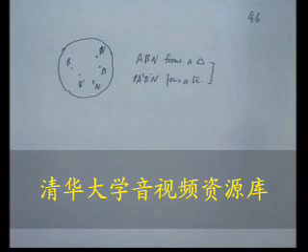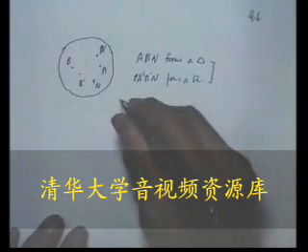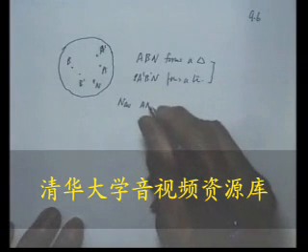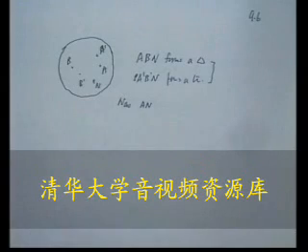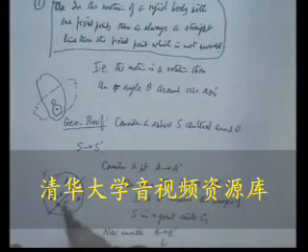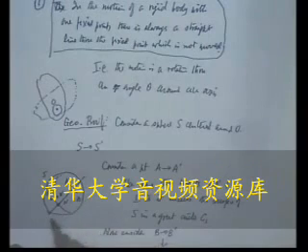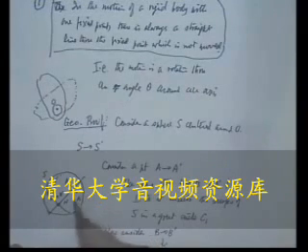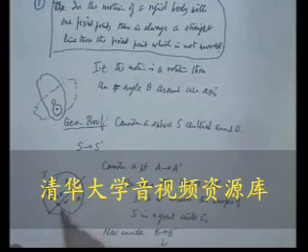Now, the distances AN and BN. Let's go back to the previous picture. N lies on this big circle. This big circle bisects A and A prime. Does everybody agree that the distance AN is equal to the distance A prime N?